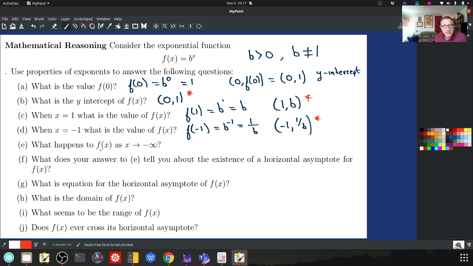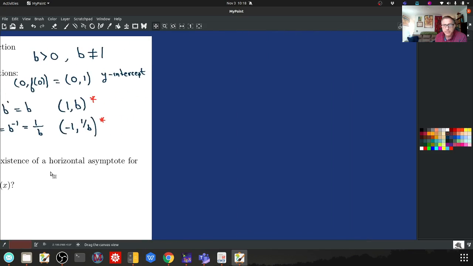What happens to f of x as x goes to -infinity? That's going to be an interesting question. So let's come over here and answer that in 2 parts.